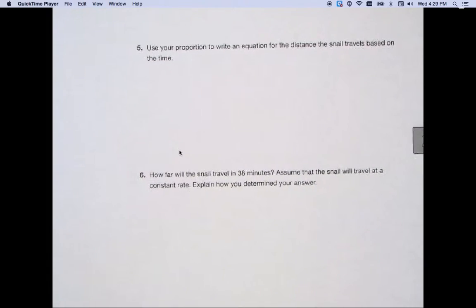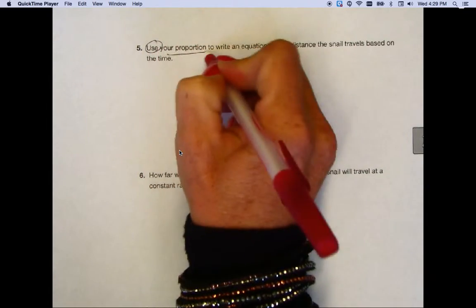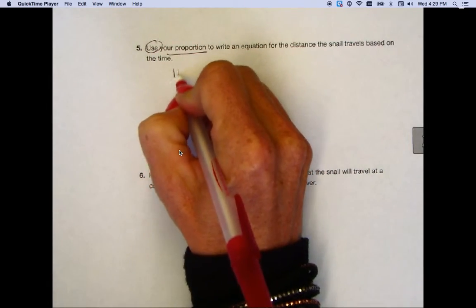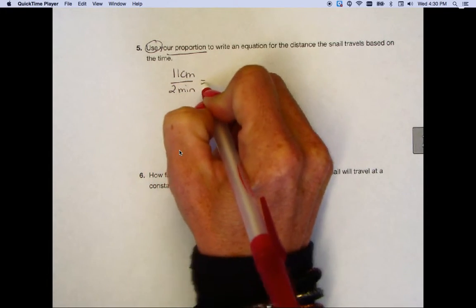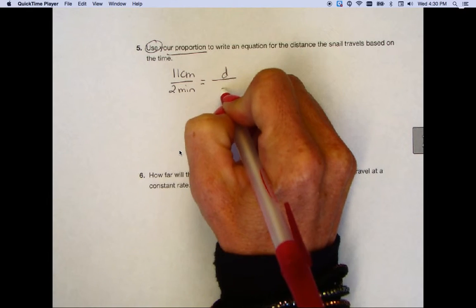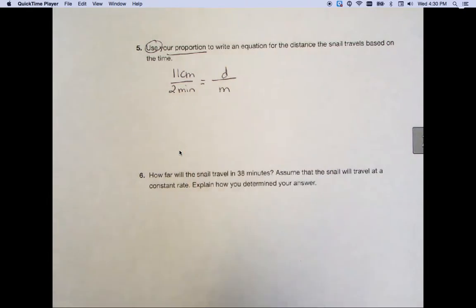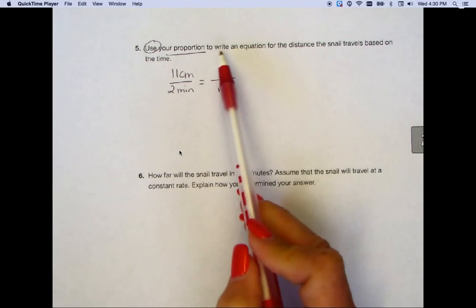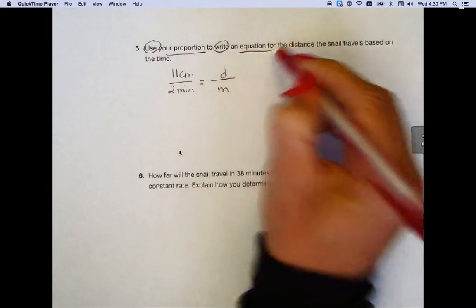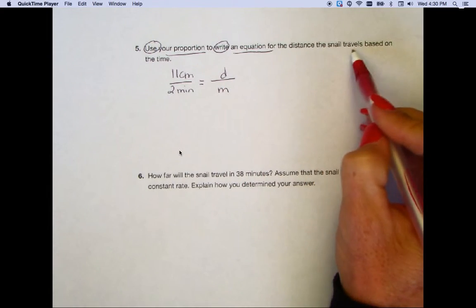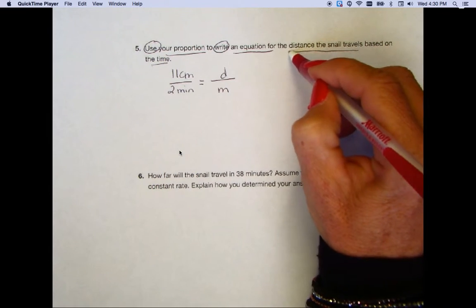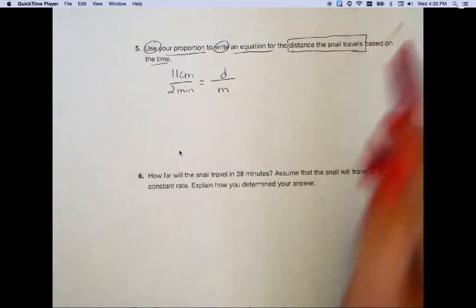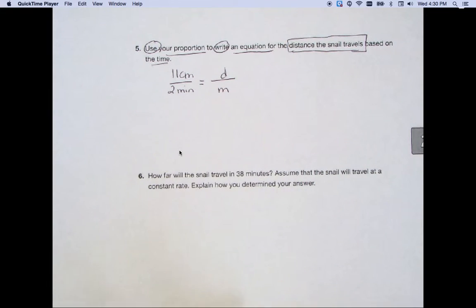Question 5 says to use your proportion. So I'm going to rewrite it. 11 centimeters, 2 minutes, and that was the d over m. Now they want me to write an equation for the distance the snail travels, okay, based on the time. So this is what they told me first. That's the variable that I'm going to want to isolate.